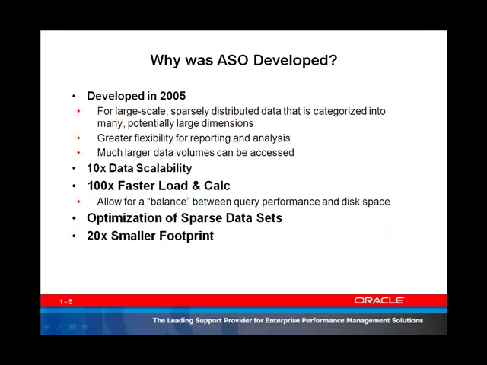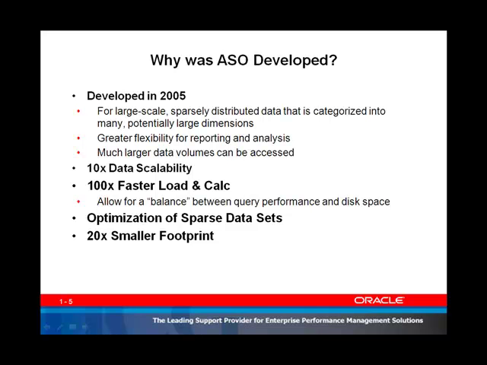So to accommodate these applications that required extremely sparse data sets, had extensive dimensionality or small update windows, ASO was developed. Aggregate Storage Option, or otherwise known as ASO, was introduced in 2005 in the version 7.1 release of Essbase, and was actually designed for very large, mostly read-only applications.